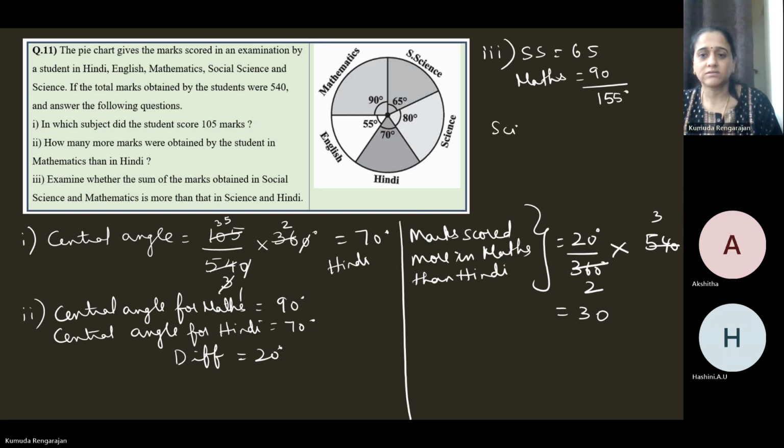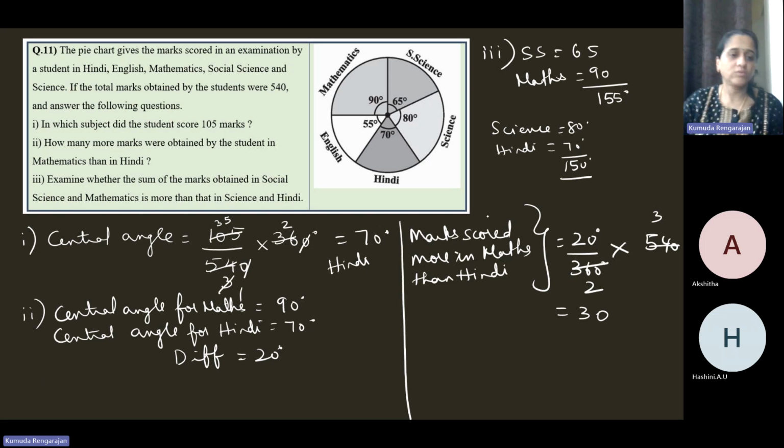Science 80 and Hindi 70, that is 150. The difference is 5. Yes, it is more.